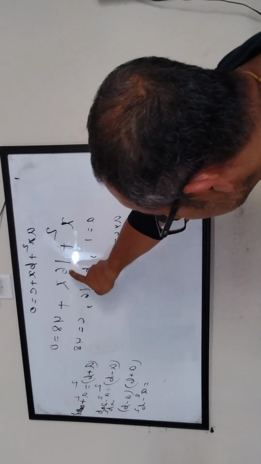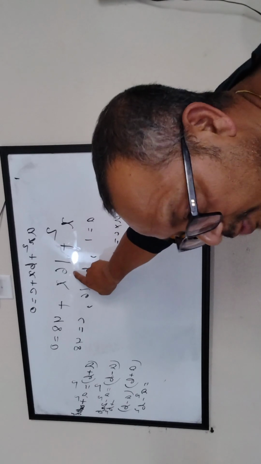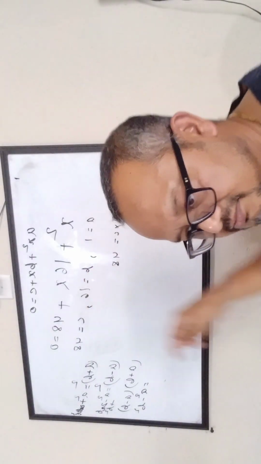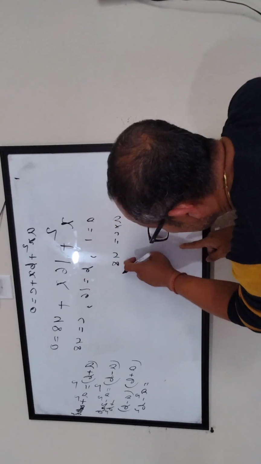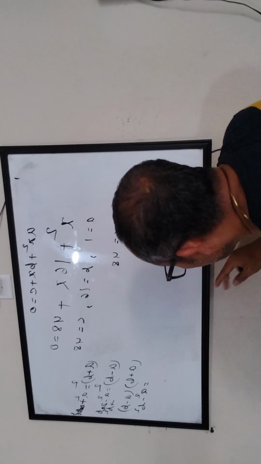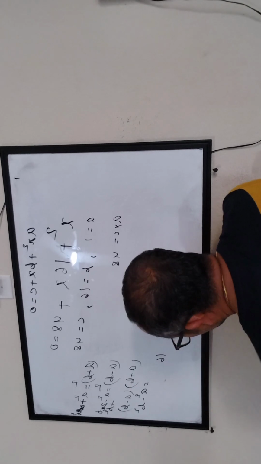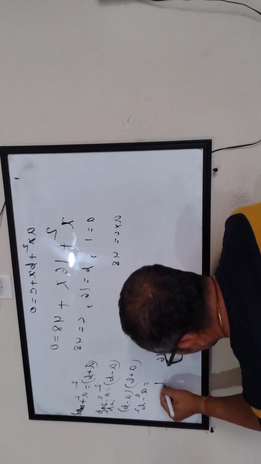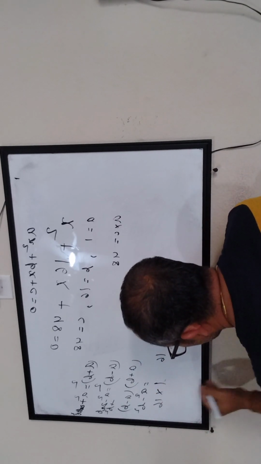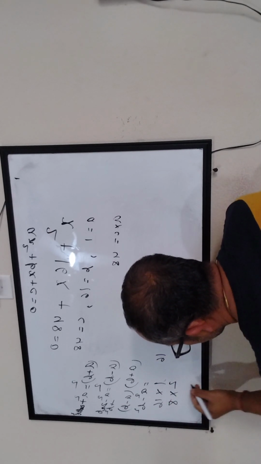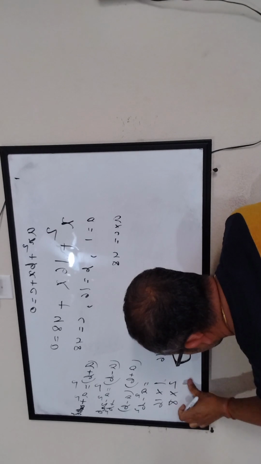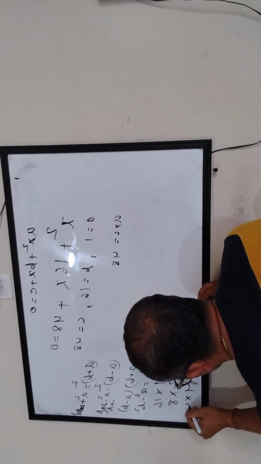Now the deal is, how do you break this into two parts that give you the same value when you multiply them? So I have, let's say, 16 here. What are the possible factors of it? 1 into 16, 2 into 8, 4 into 4.